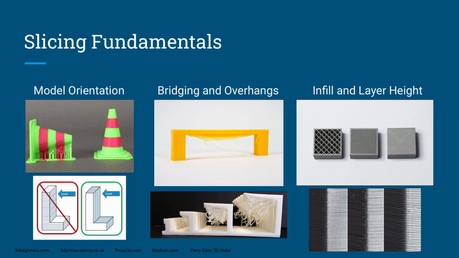So you have to think about that when slicing. It will be much better if you turn that L on its side and print the layers on another axis. Then when you put a load on that same point, as you can see in the green circled image, the layer lines are not in the direction, so it won't crack or split apart on those layer lines.